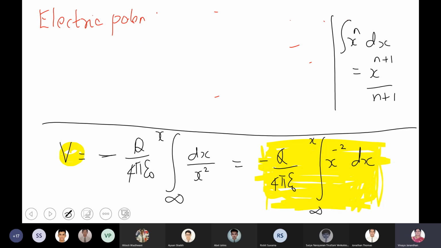Fine. So now can you evaluate this? X to the power of minus 2 will come as x to the power of minus 2 plus 1 by minus 2 plus 1.